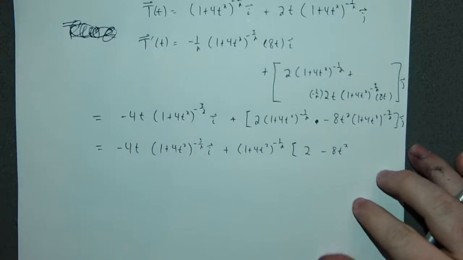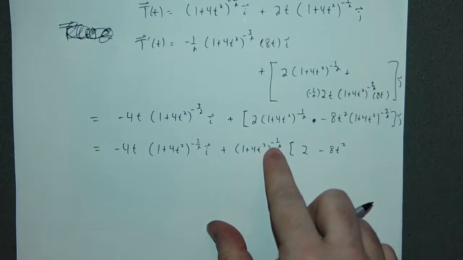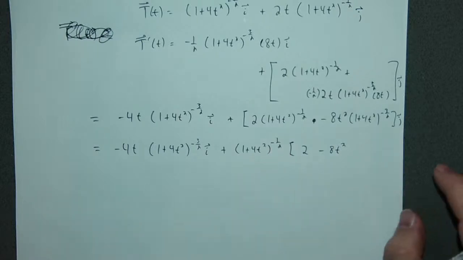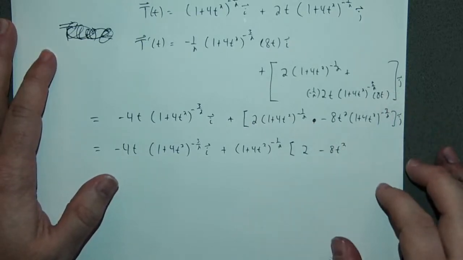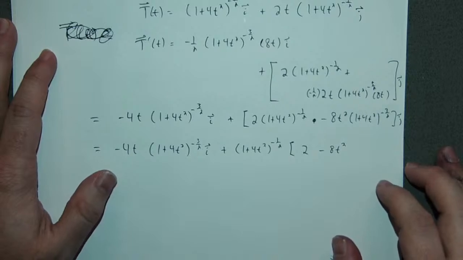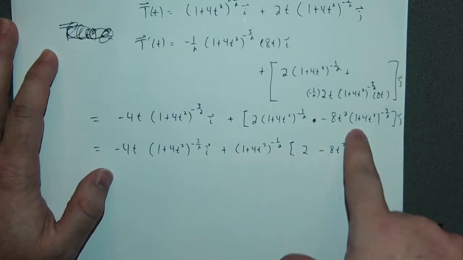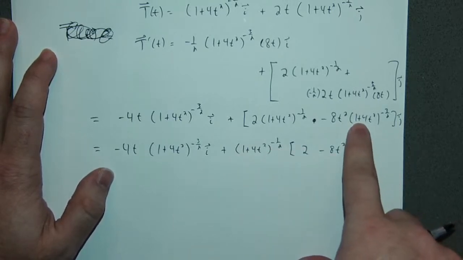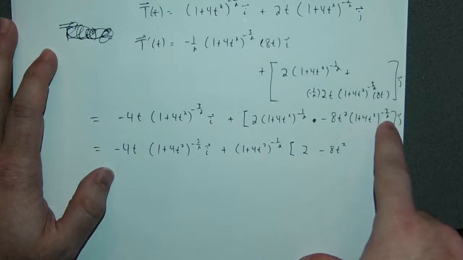And when I factor out (1 plus 4t squared) to the minus 1/2, what am I doing when I do that? Well, factoring out by pulling out a (1 plus 4t squared) to the minus 1/2, it multiplies this thing by (1 plus 4t squared) to the 1/2.